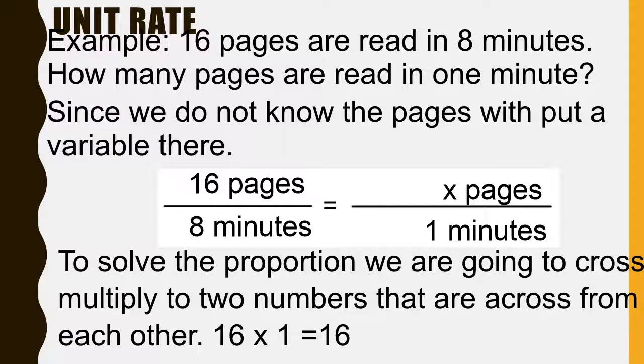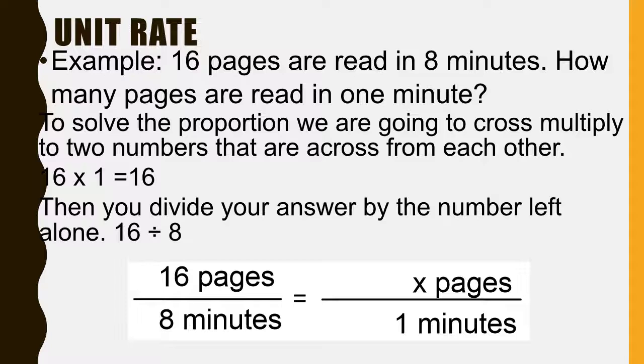Once we cross multiply, then we have to divide your answer by the number that's left alone. So we've already used the 16 and the 1. And what's the number that's left by itself? 8. So you do 16 divided by 8.